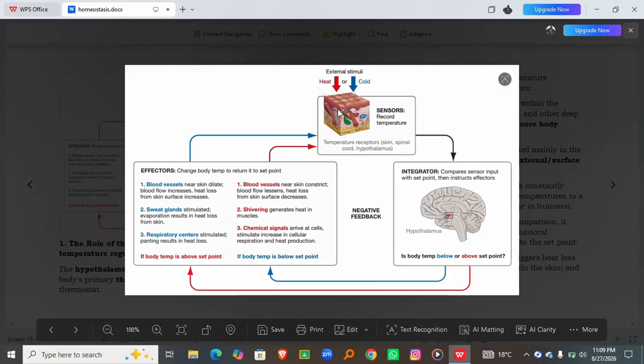When there is increase in heat, the sensors will have to sense it, and that is the skin. I've said the skin, the spinal cord, the hypothalamus. Then we have the coordinator or the integrator. This one compares the sensor input with the set point and then instructs the effectors.